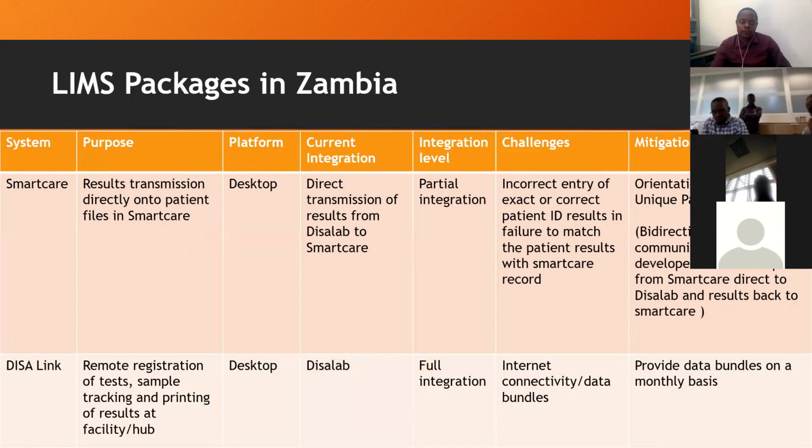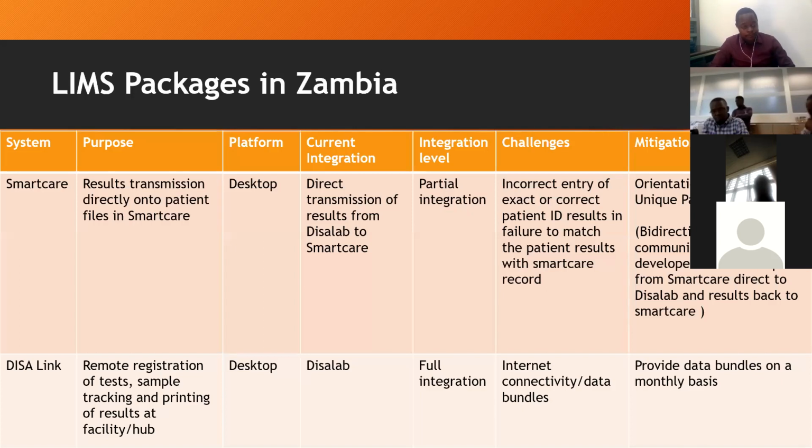So Smart Care is another LIS package that we have in Zambia. It's on a desk phone platform, and it's used for results transmission directly on a patient's file in Smart Care. It is currently integrated into DISA Lab on a partial integration level. However, it has a challenge whereby it's inhibited by incorrect patient information entry, and this will result in failure to match a patient's result with a Smart Care record.